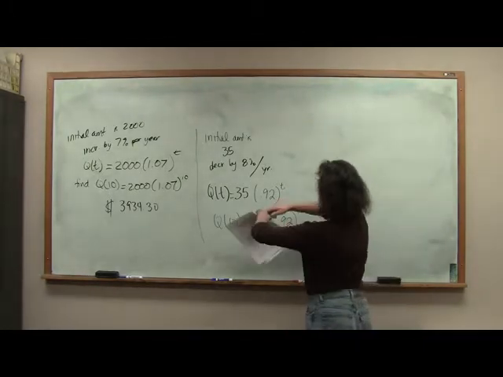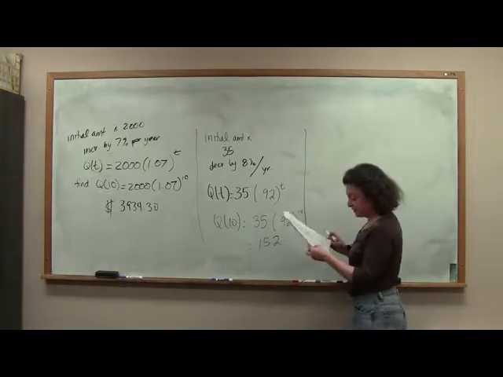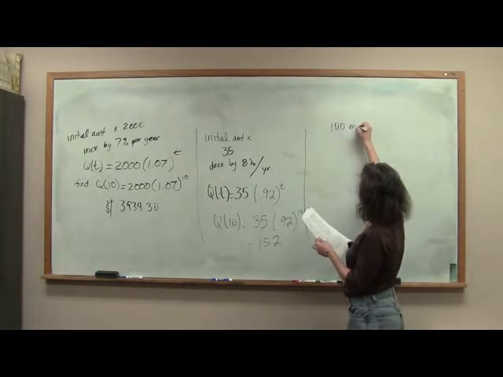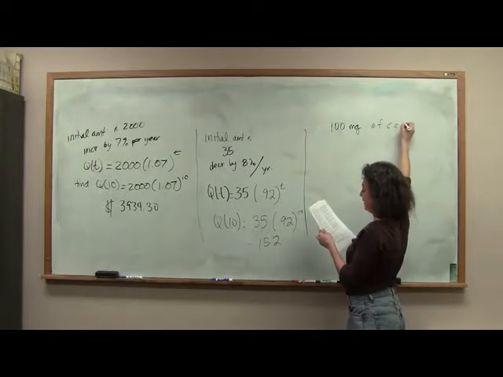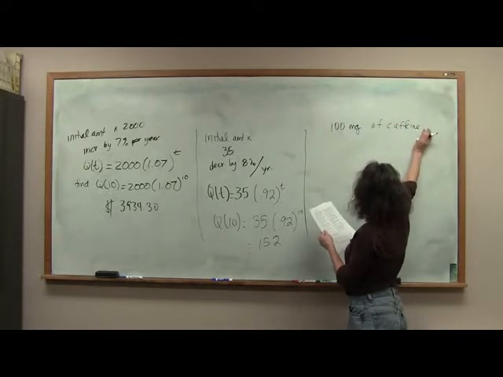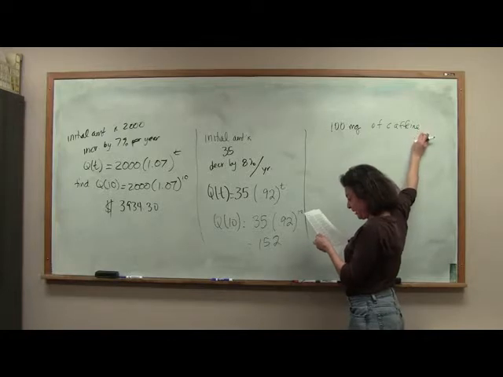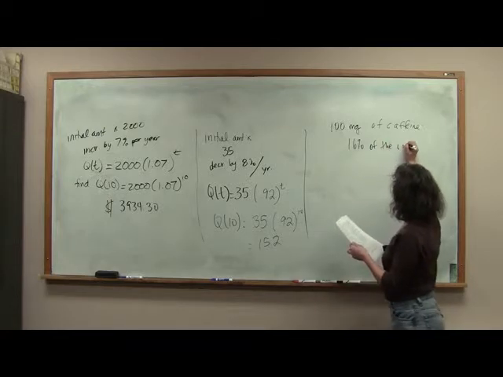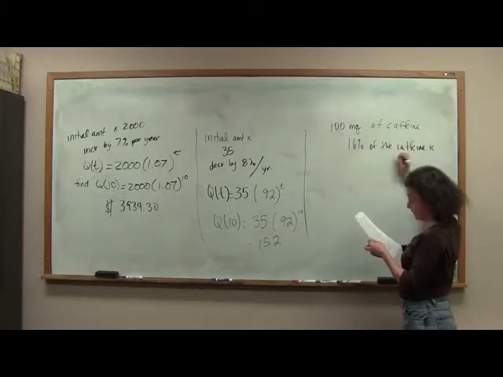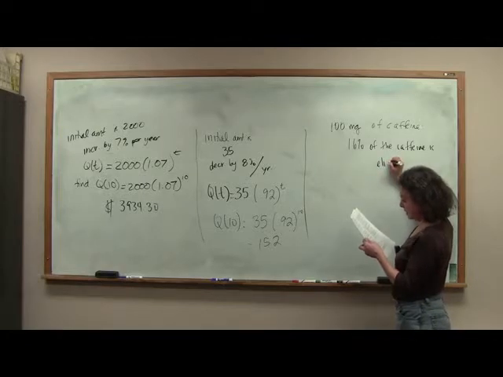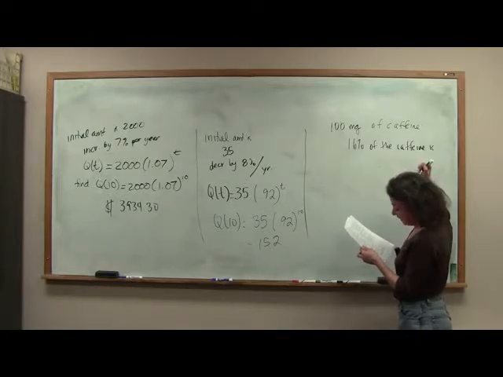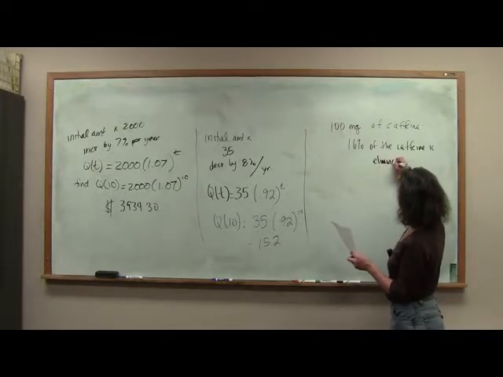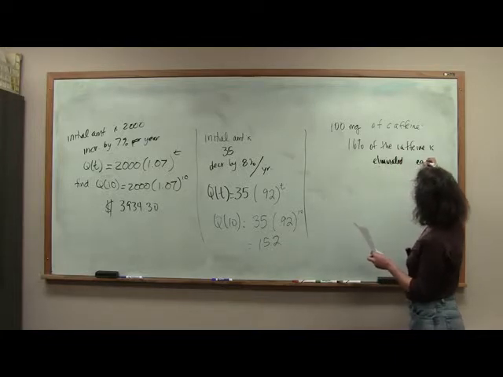This one reads as follows. It says a typical cup of coffee contains about 100 milligrams of caffeine, and every hour approximately 16% of the caffeine is eliminated. Or, well, the amount of caffeine in the body is metabolized and eliminated each hour.